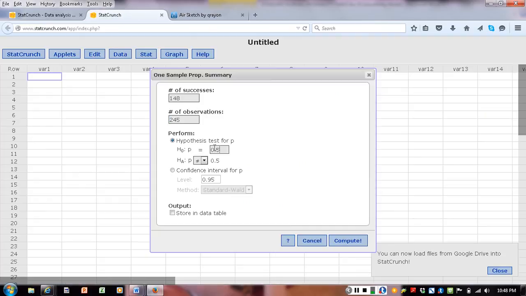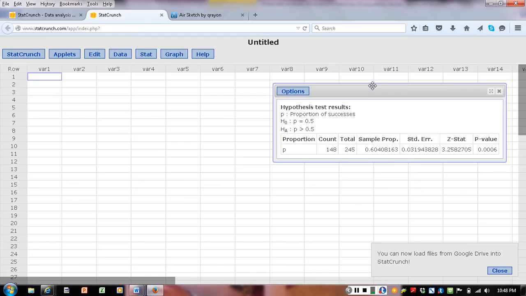The null hypothesis number is 0.50, and the sign for the alternative is greater than. If you put in the wrong sign, you're going to get a different p-value. That sign drives what your p-value looks like. Those are the only numbers I need to enter, and then I can hit compute.